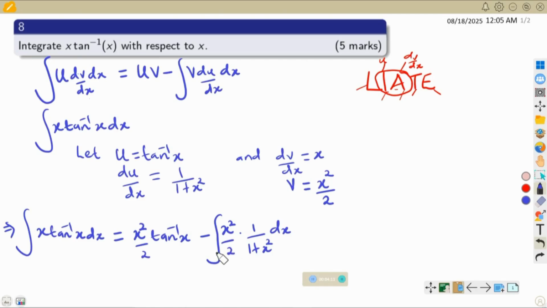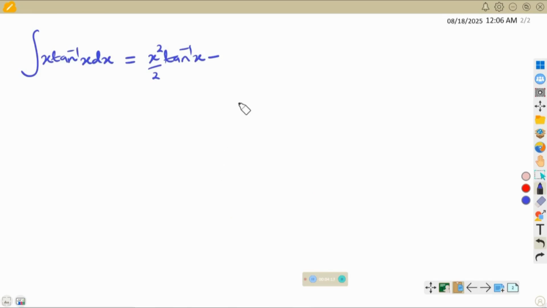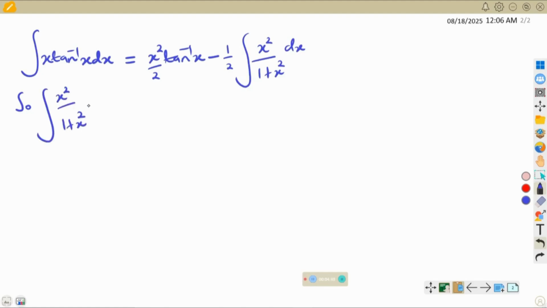I'm going to pull out the constant, which is a half. So I will have 1 over 2 integral of x squared divided by 1 plus x squared dx. I'm going to first deal with this integral of x squared divided by 1 plus x squared dx.